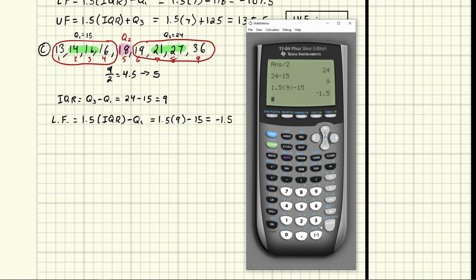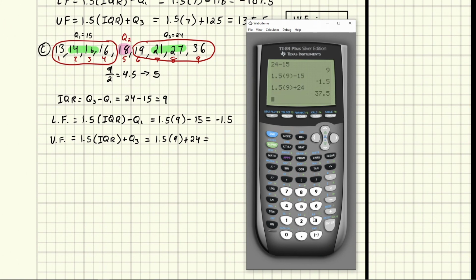Our upper fence is equal to 1.5 times the interquartile range plus Q3, which is 1.5 times 9 plus 24.